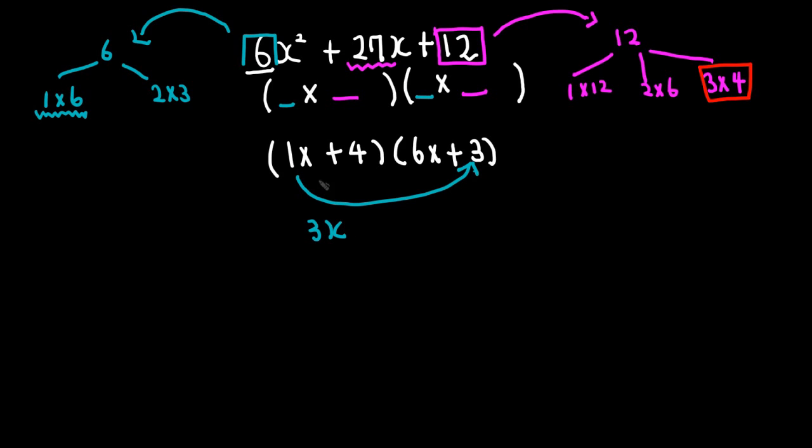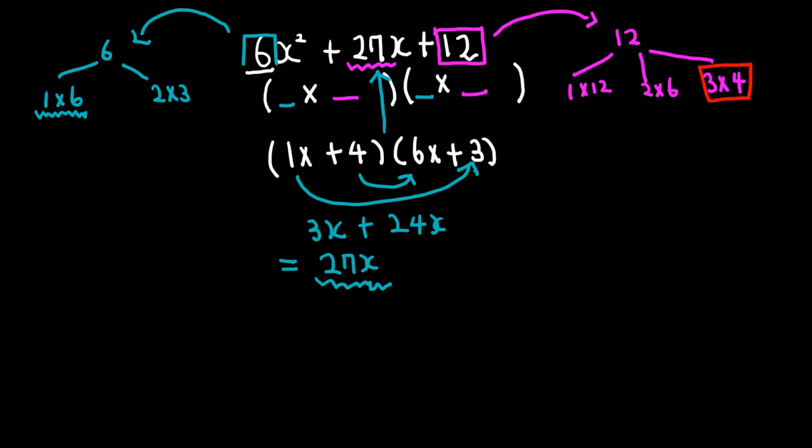All we need to care about is multiplying the constant terms with the x terms so we can see if it gets us to 27x. And 3x plus 4 times 6x, it is 24x. So it will give us 27x, which is equal to 27x. So we can see that these factors are our answer.